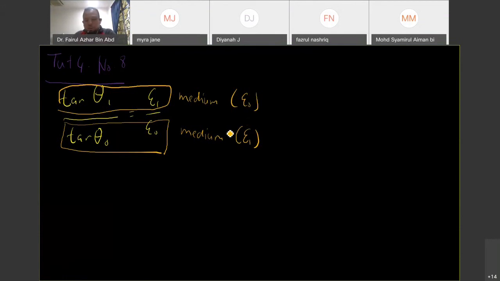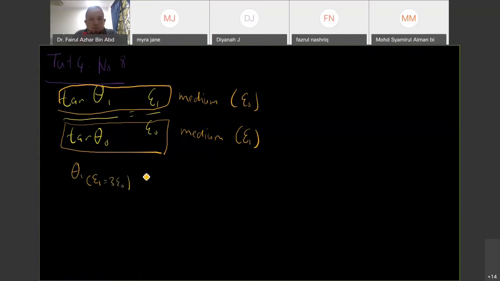Based on this expression, let's say we want to find theta 1, governed by the medium with permittivity epsilon 1 equal to 3 epsilon naught.